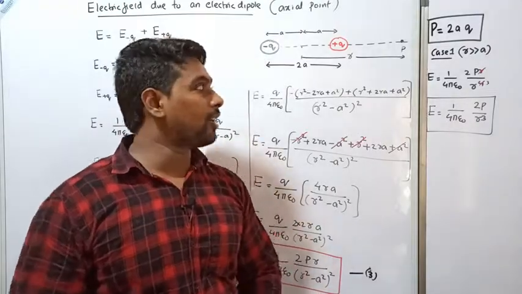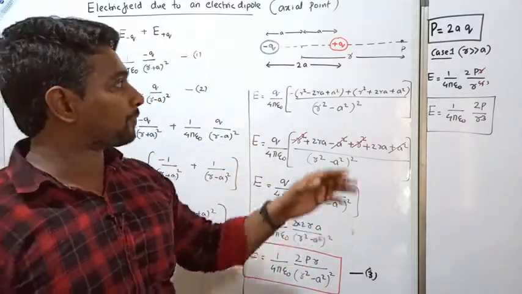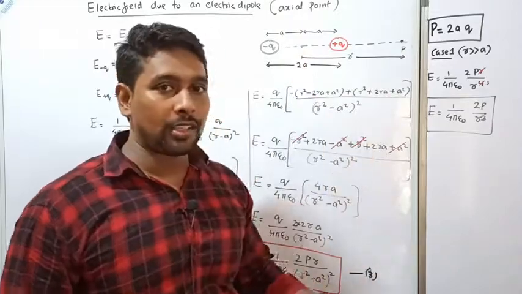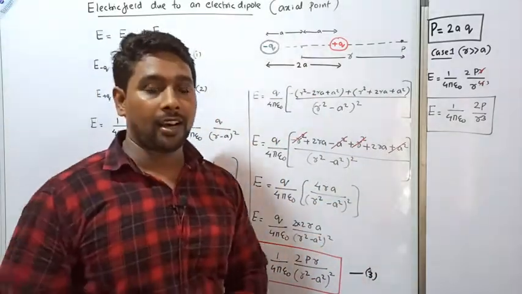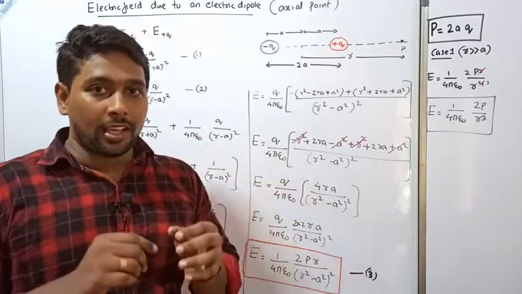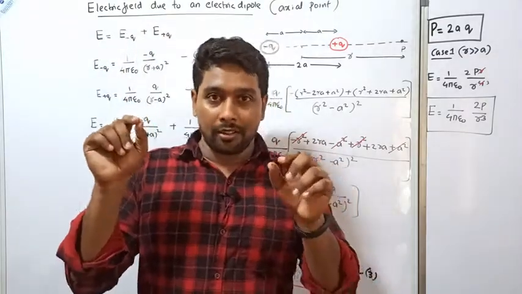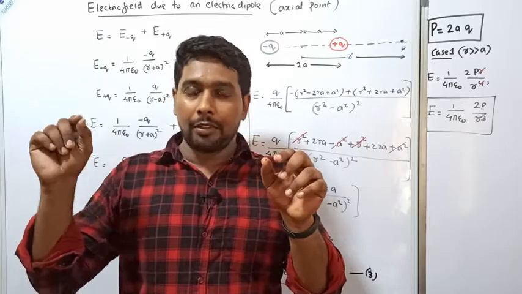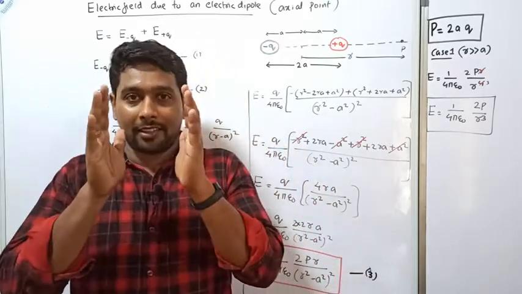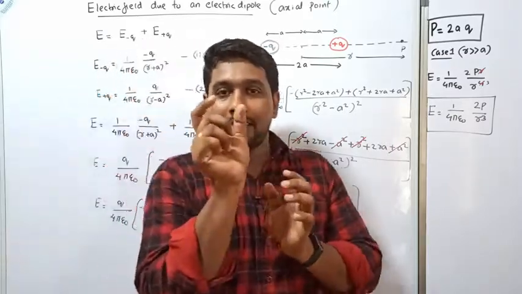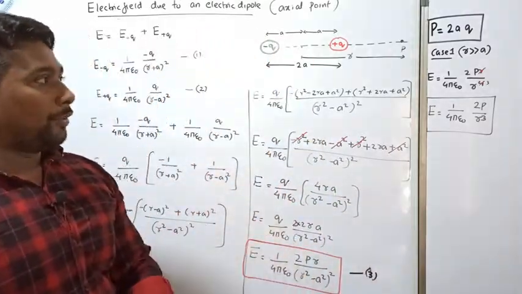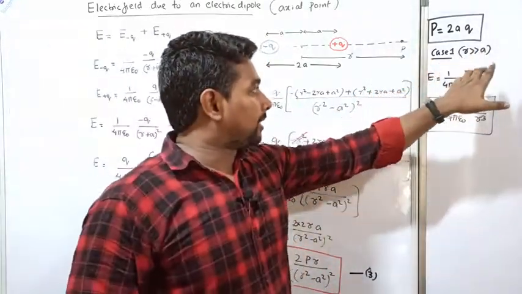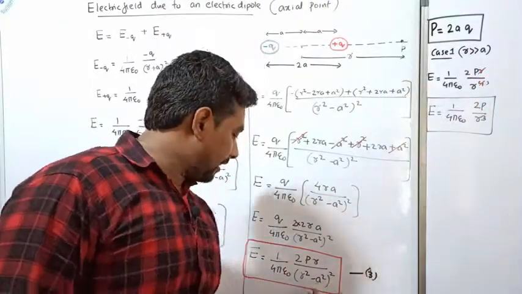Then we come over to the cases. First case is, what happens to the electric field at that point when r is very much greater than a? R very much greater than a means the point on the axial line is very, very far compared to the distance between the charges of the dipole. In that case, you can neglect this a.